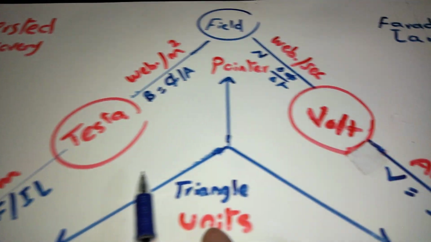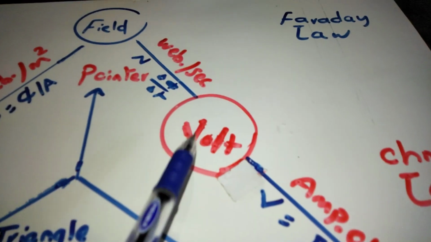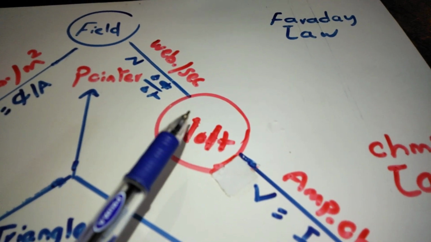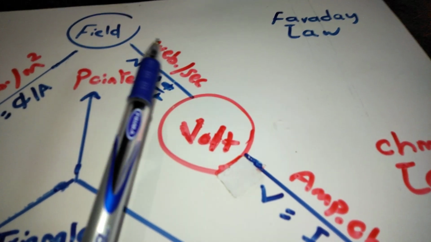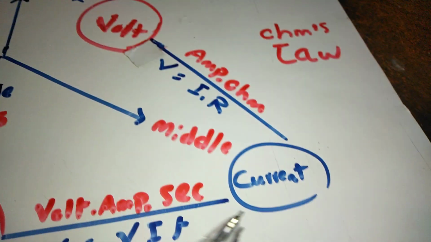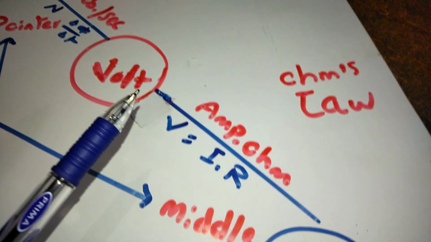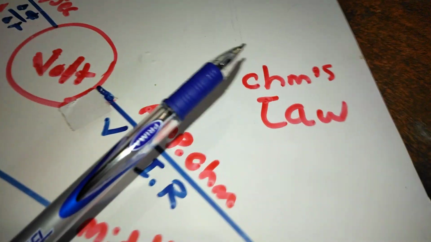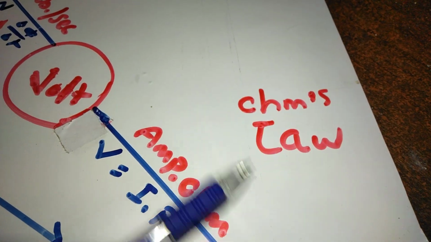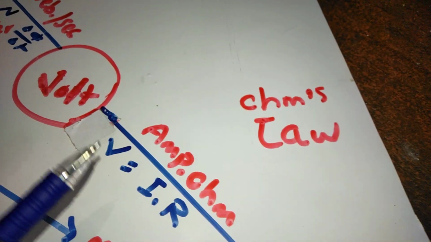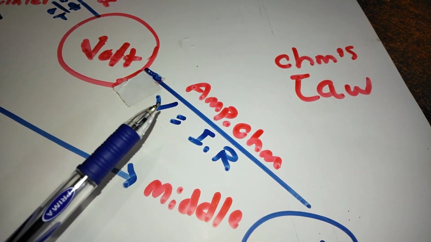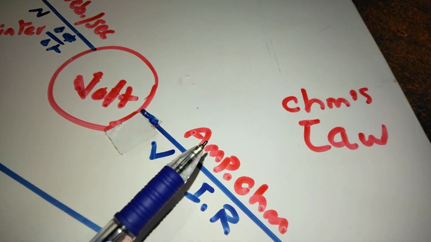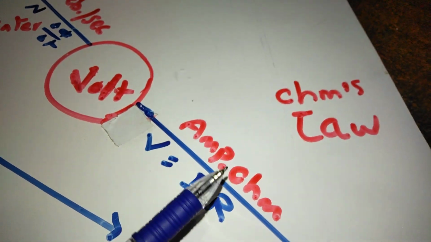So we have to move on to the volt, which is a connecting unit between the field and the current. And here, volt can produce electric current through Ohm's law, and it is given from the relation V equals IR. Of course, it is equivalent to ampere dot ohm.